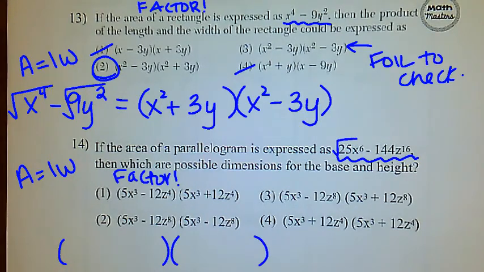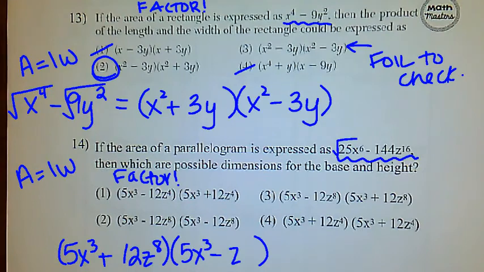So this would be 5x cubed and 5x cubed. We have a positive and a negative, 12z to the 8th, because that would be half. So 12z to the 8th.